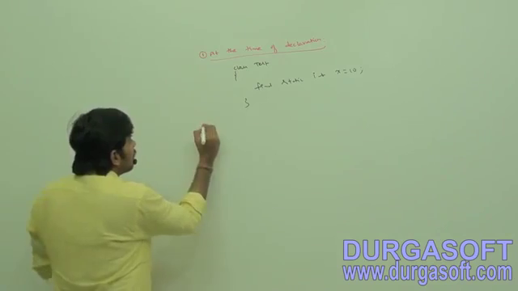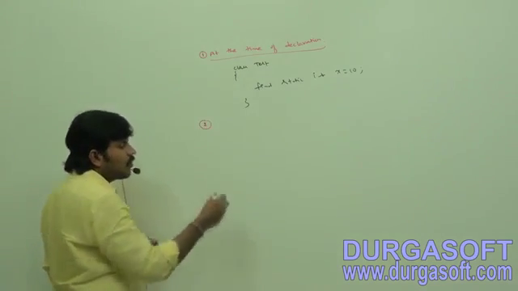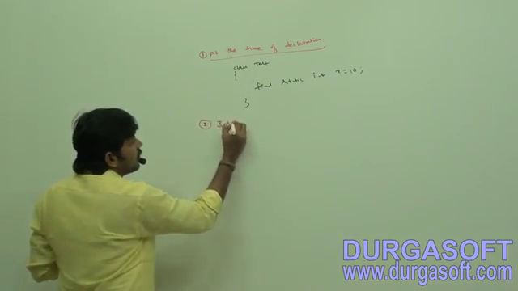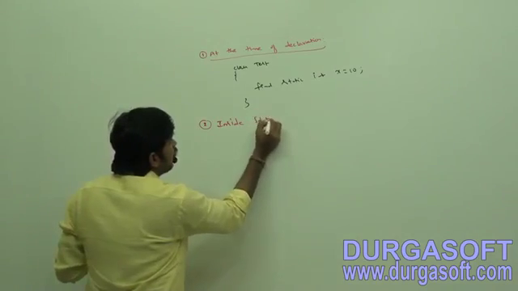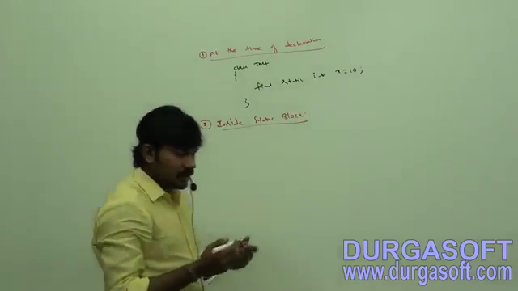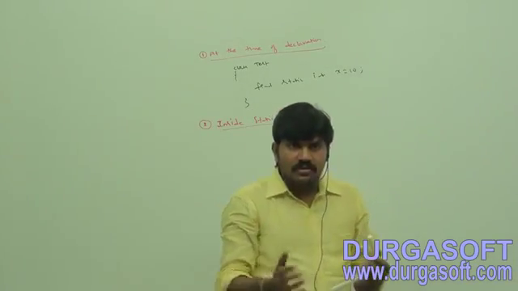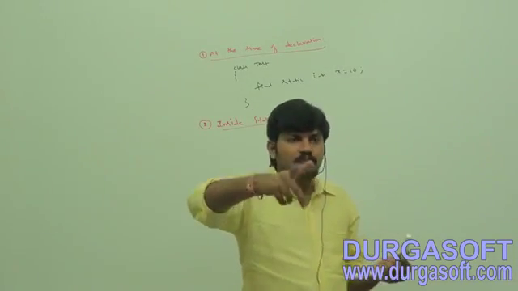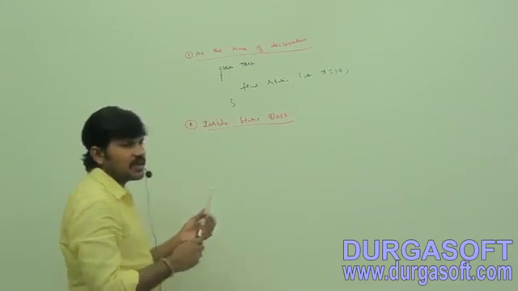Next, what is the second possibility? Inside a static block. Do you know when the static block will be executed? At the time of class loading. That's why before class loading completion includes inside the static block.